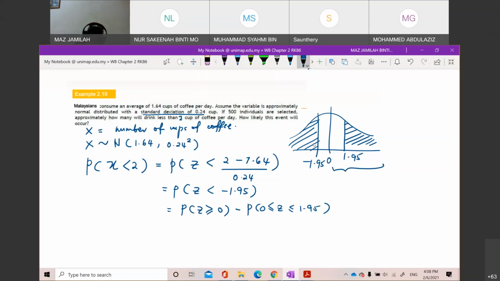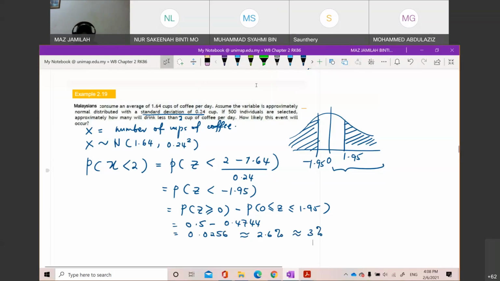That will be 0.5 minus, from your table for 1.95, 0.4744. If you deduct, you will get 0.0256. In terms of percentage, this will be 2.6%, or you can say 3%.